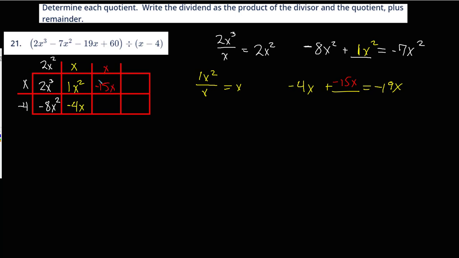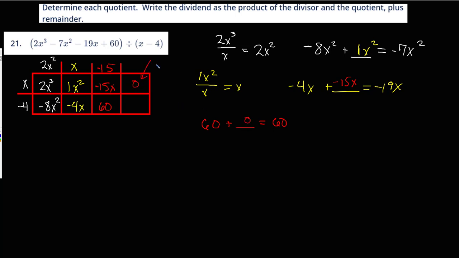Divide, go up. Multiply coming down. 60 plus something is equal to 60. 0.